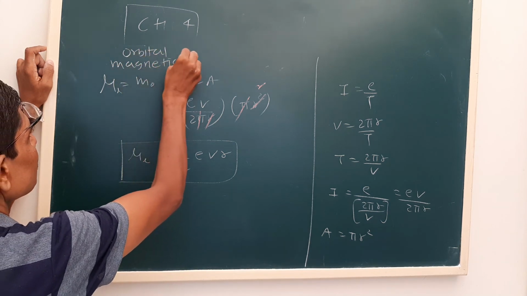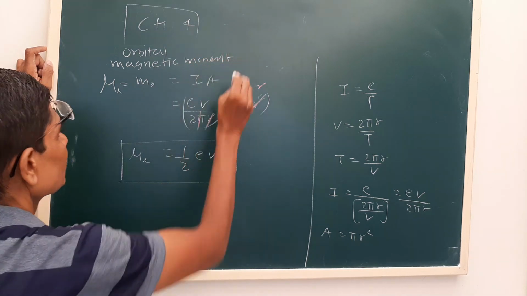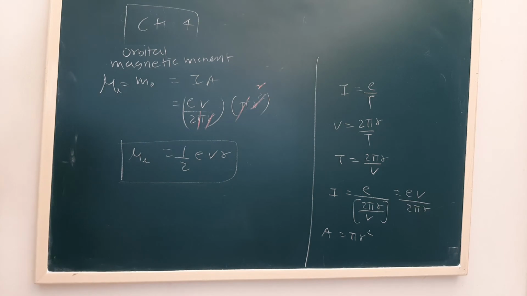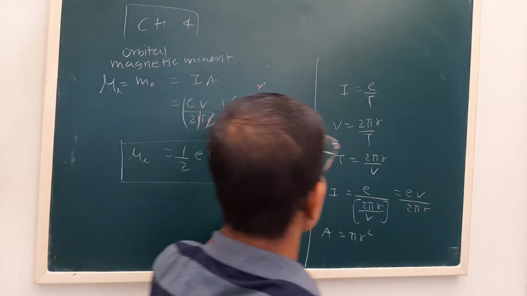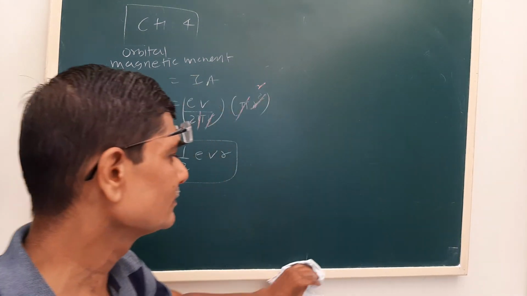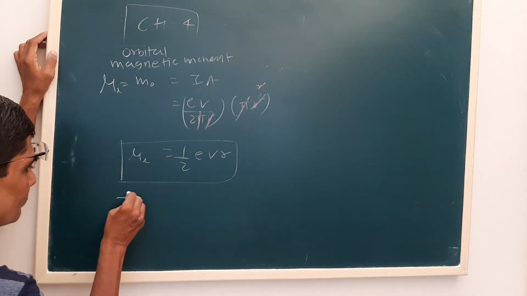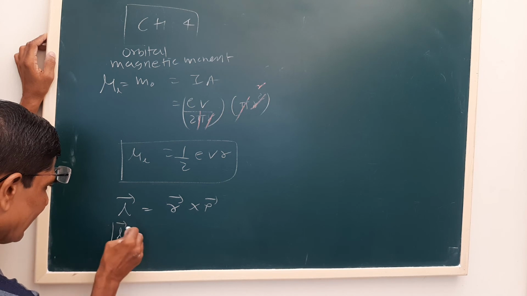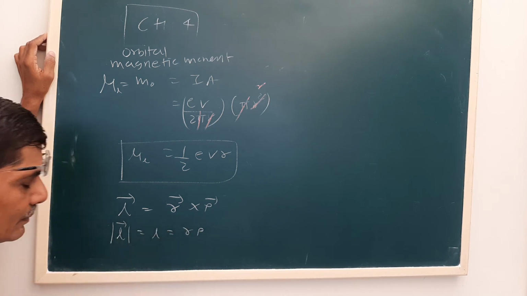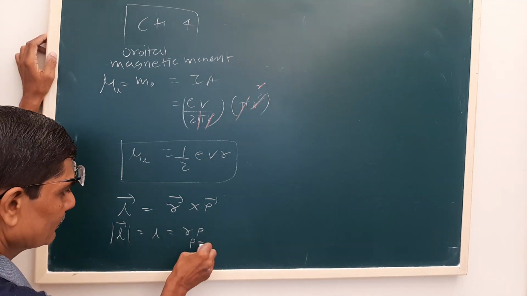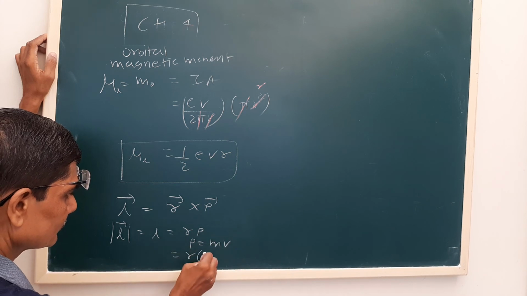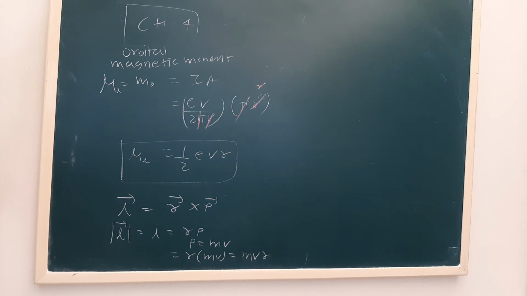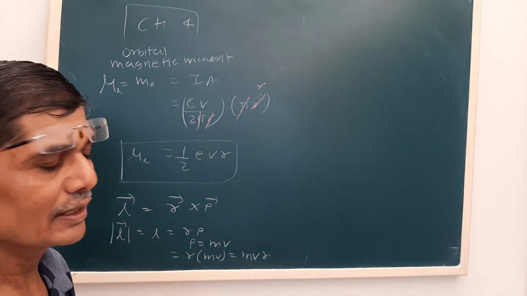Next, we have to relate it with the angular momentum. The angular momentum we have studied, the formula is L is equal to r cross p. If I write only the magnitude part, rp, where p is the linear momentum, known to us. So the angular momentum is mvr.